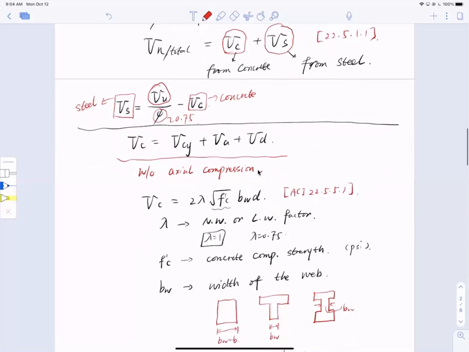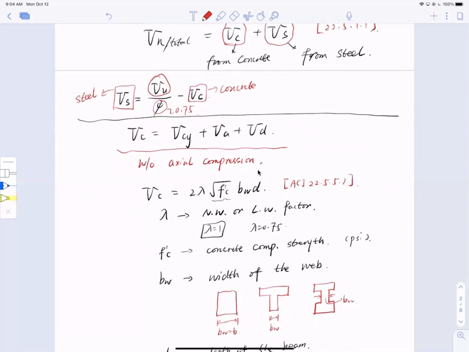All right, and we talk about that for the concrete. There are three main mechanisms, right? There's dowel action, and this is aggregate interlock, and this is shear from the compressive zone.